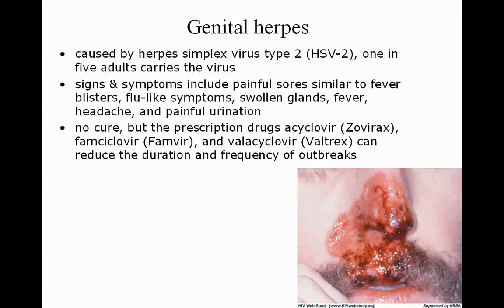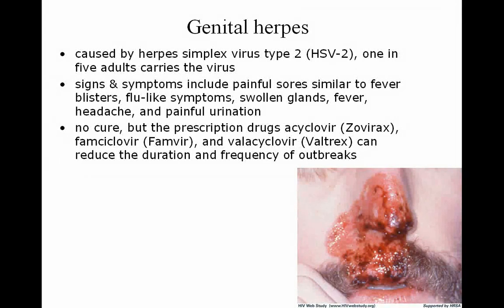Scary statistics here: 1 in every 5 adults carries this virus, and they may be asymptomatic. They may not realize that they are infected, or they may know because they've had those painful blisters break out, the flu-like symptoms, swollen glands, and then their symptoms aren't showing up anymore, but they are still infected because there is no cure.